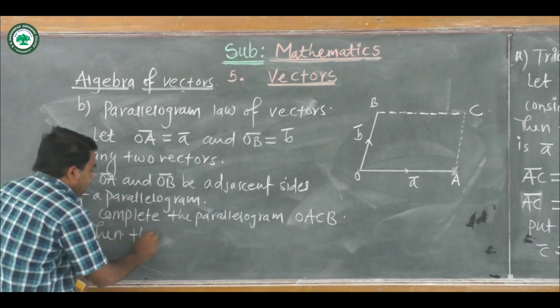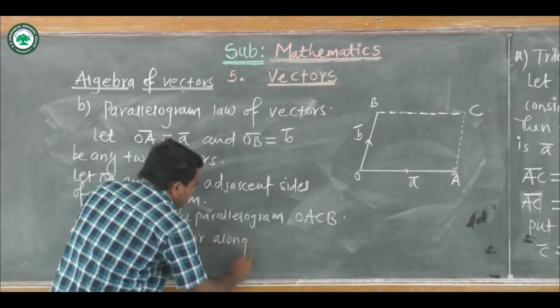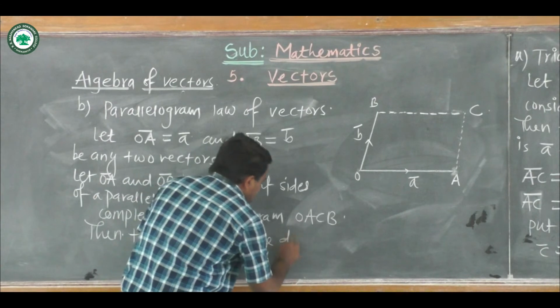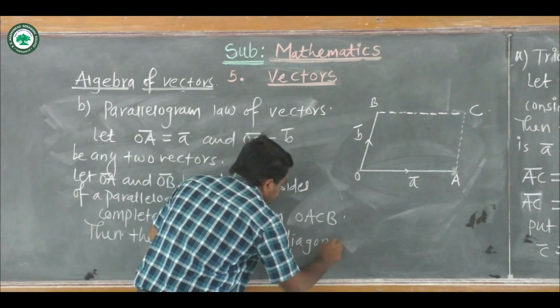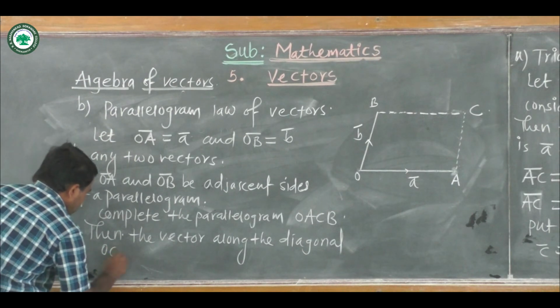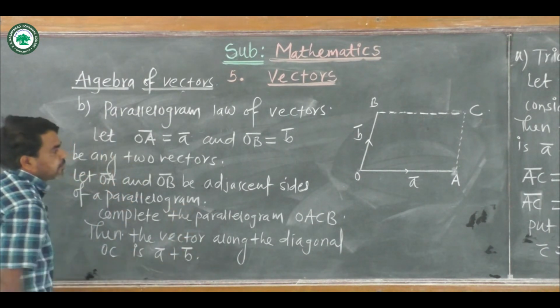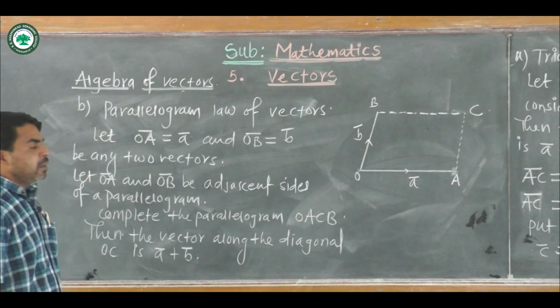Then the vector along the diagonal OC is A bar plus B bar.